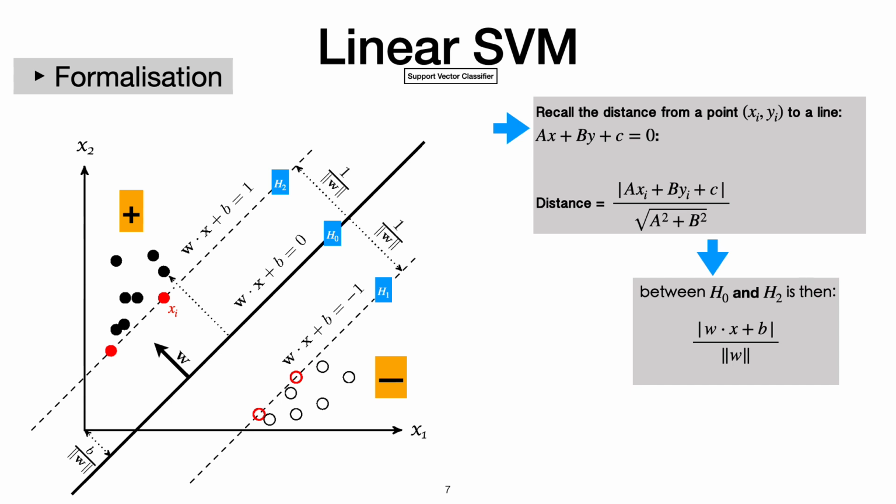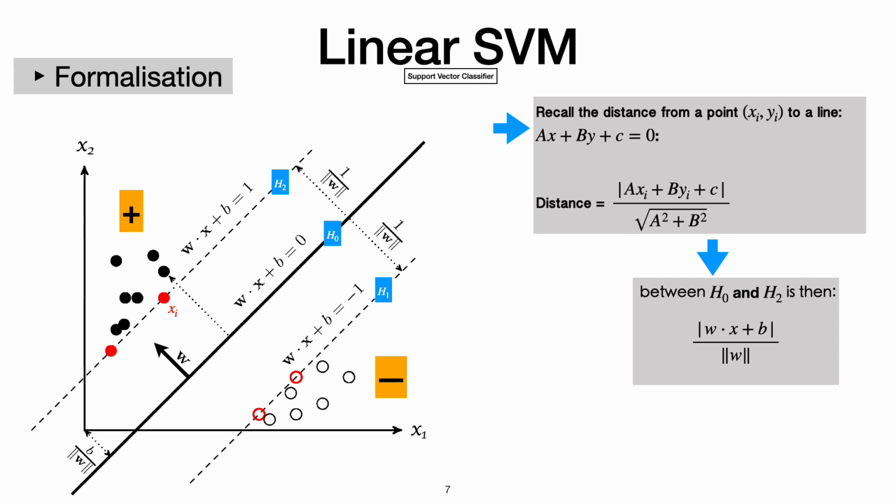Now, there's a point here to consider about the 1, why these lines equal 1. Simple answer is for mathematical convenience. Note that because of the normalization by the weights vector norm in calculating the distance, the scale of W is basically arbitrary. So if we were to multiply W and b by some real scalar, alpha say, the factors of alpha in the numerator and denominator will cancel one another.